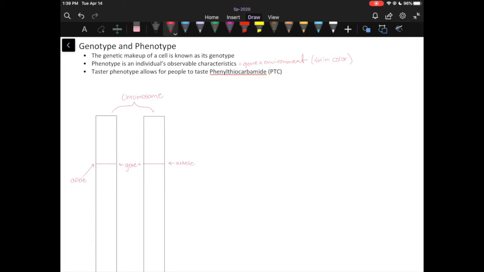So to further understand genotype and phenotype, I'll give an example of a taster phenotype. In your taste buds, certain people can taste a chemical compound known as PTC, and the people who can taste it say that it has a bitter taste.